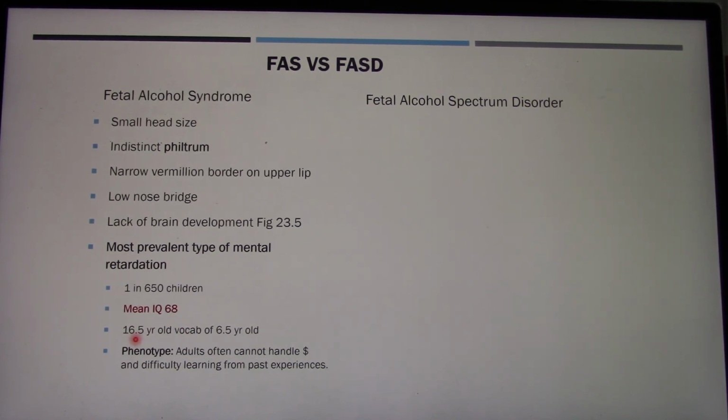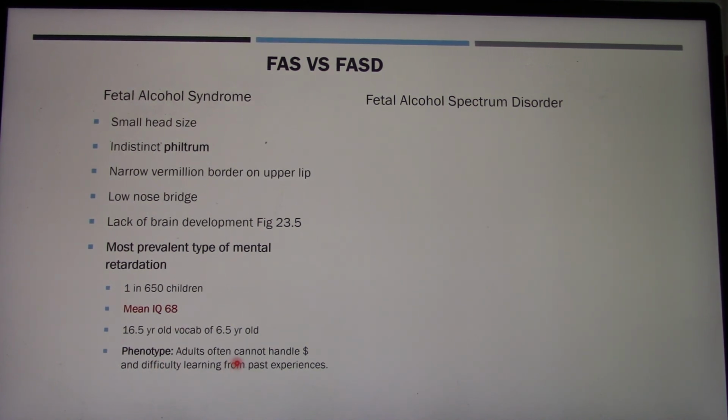For example, a 16.5-year-old adolescent would have the vocabulary of a 6.5-year-old child. So that's how severely this IQ can affect you, and this is, of course, how this teratogen known as alcohol can affect a developing fetus.